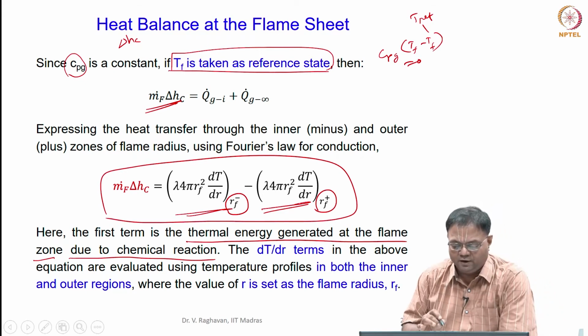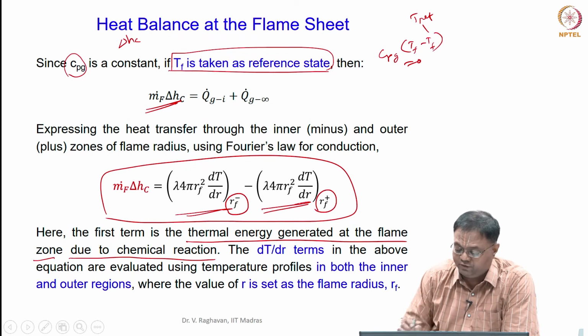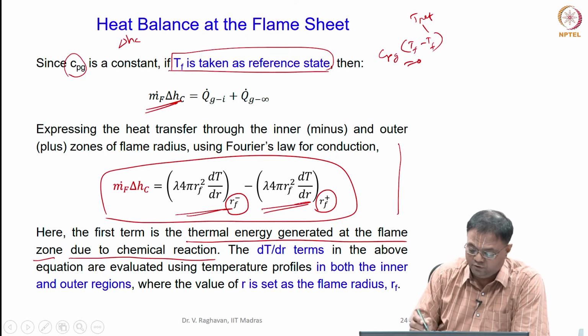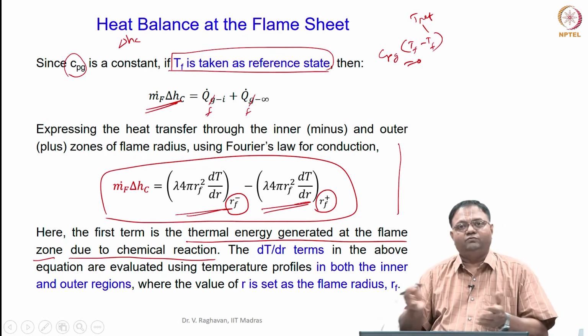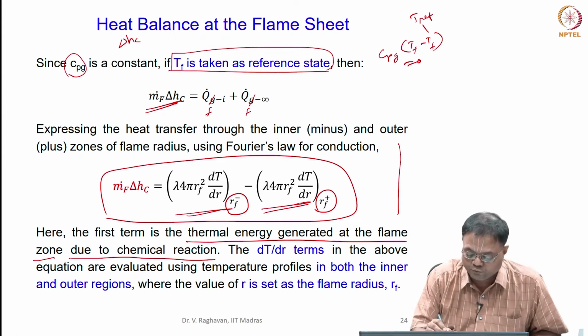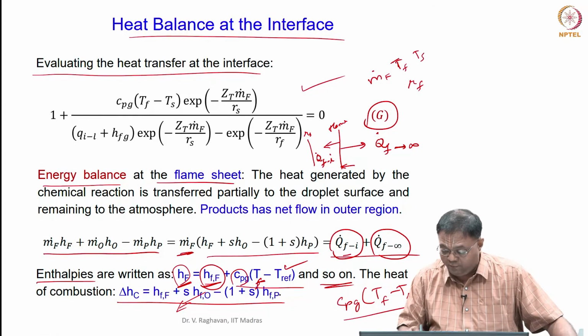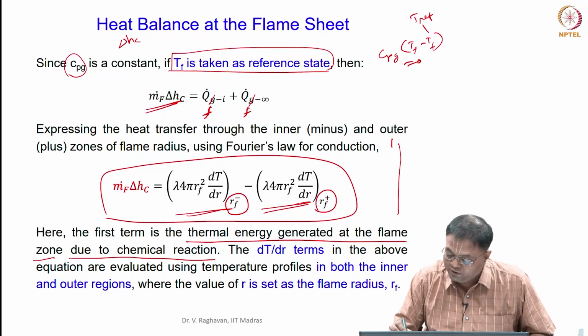Now, you please see here the Qgi, gas to the interface. If you say the interface, this is actually gas, you can also say flame, both are the same. Here this is actually flame: flame to the interface and flame to the infinity. So from the flame, this is a flame sheet.